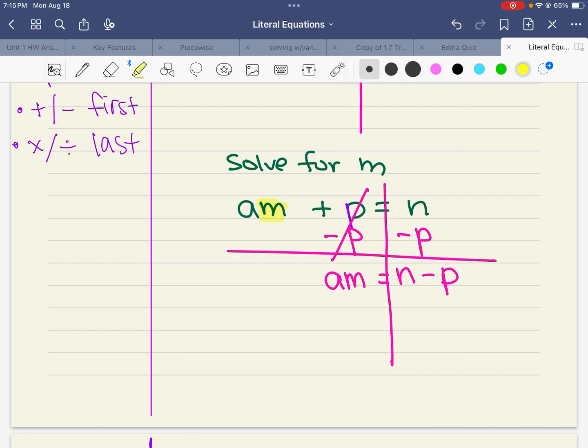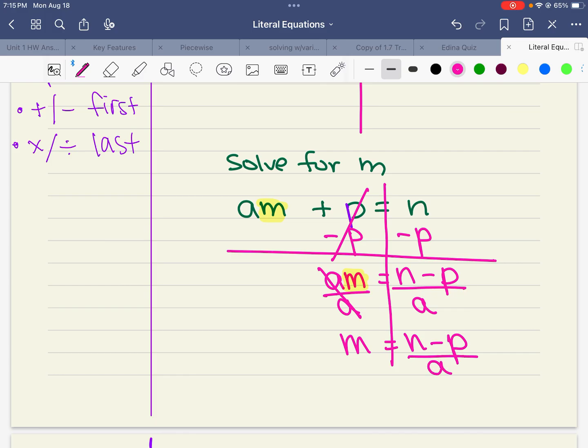You have to keep reminding yourself, M is the thing I'm trying to get alone. It would be really easy to forget that and divide by the wrong thing. But what I want to get rid of is the A. So I will divide by A here, but I have to divide all of this by A. So M equals N minus P, the whole thing divided by A.